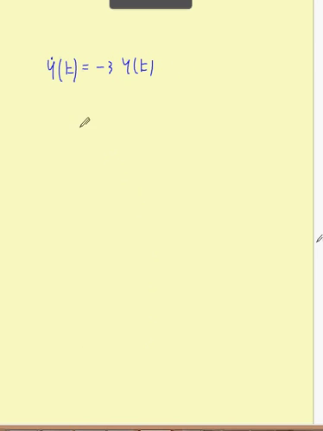So we have y dot t plus 3 y t equal to 0. This is the first step, and it's not difficult.